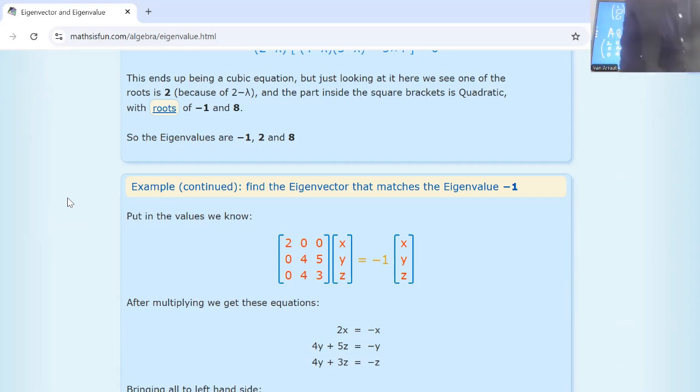I will show you right now that you can use software for calculating this in a moment.